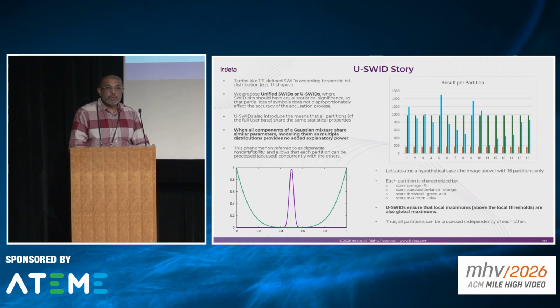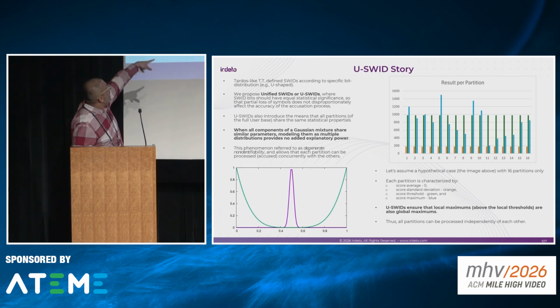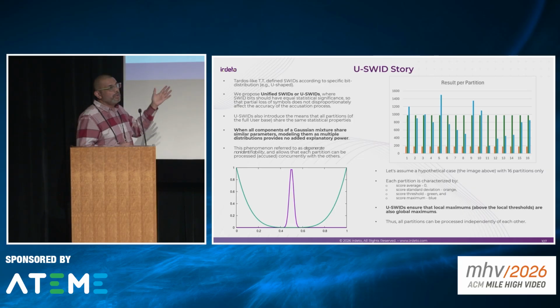In order to be able to partition the data, I was talking about those probability-based methods for Tardos. If you see the curve here, the line in green shows the probability of a particular bit to be 0.